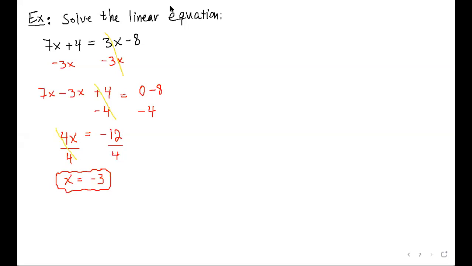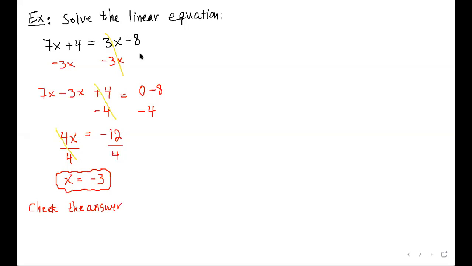Now, to check this is an answer for this equation, we have to plug it inside the equation. So now check the answer. We plug the x inside this equation.